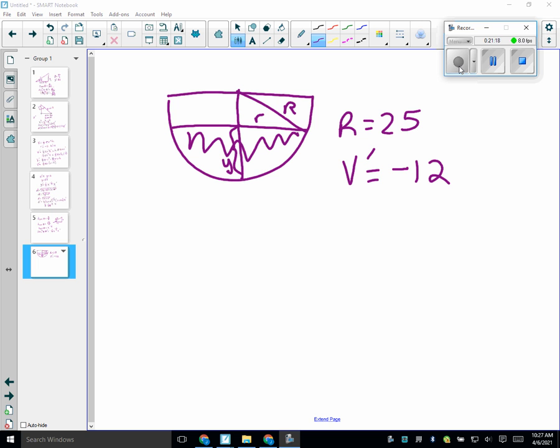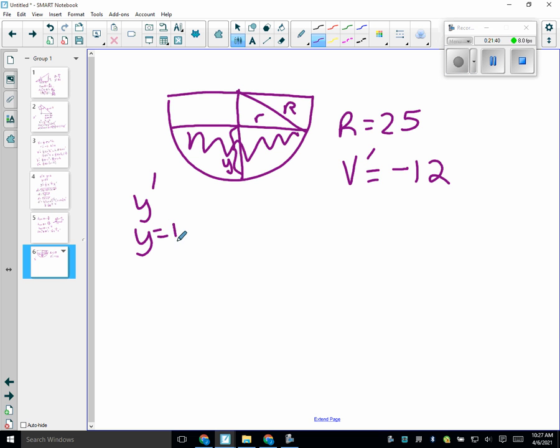All right, number 8. Is this what I know? Yes. You all agree with that? Find the rate at which the depth of water is decreasing. So what do I want to find? Y prime when the water is 18 meters deep.